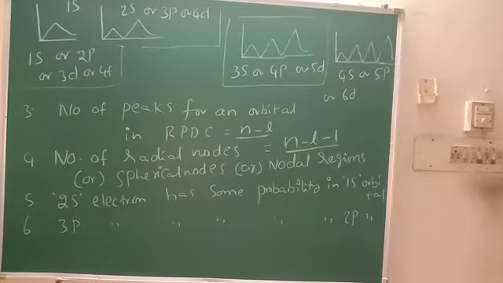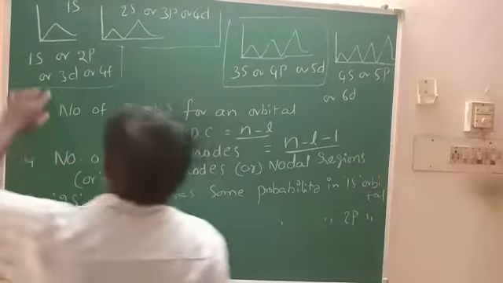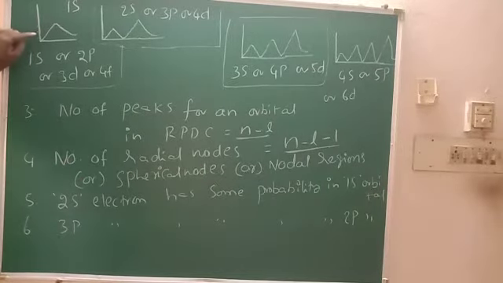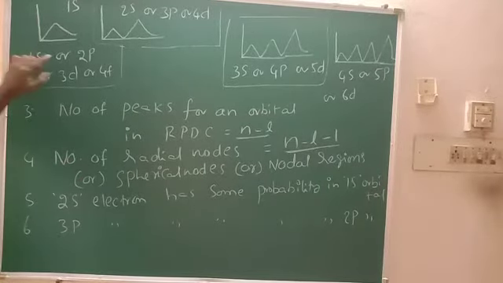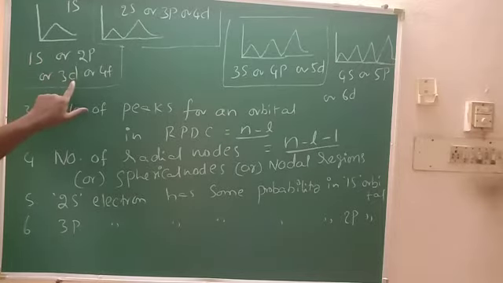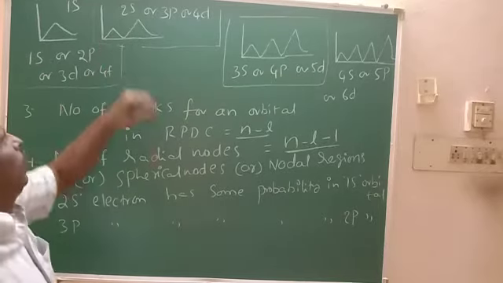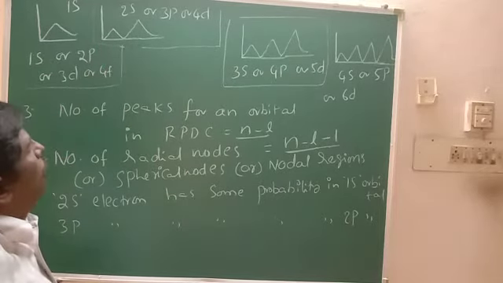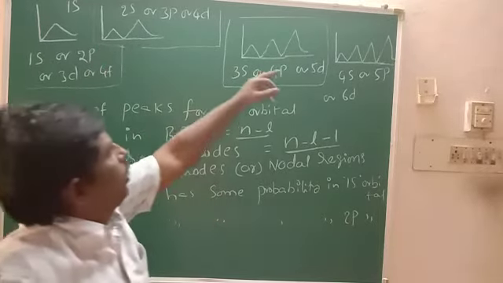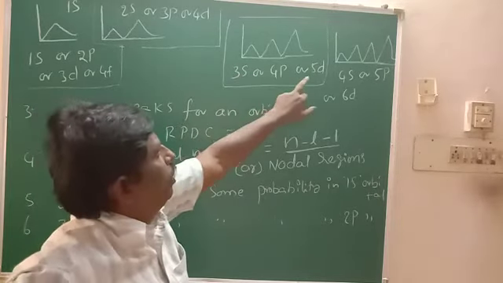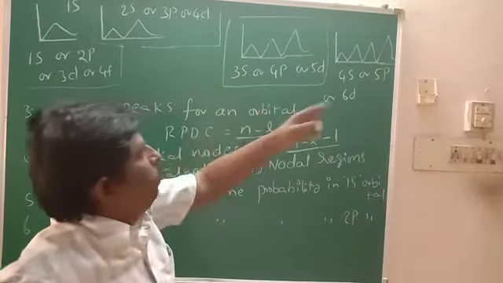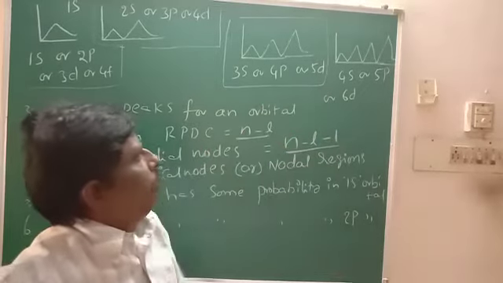Okay, see here, already we have seen only one peak for the 1s orbital, 2p orbital, 3d orbital or 4f orbital. 2 peaks for 2s, 3p or 4d orbital. 3 peaks for 3s, 4p or 5d. 4 peaks for 4s or 5p.